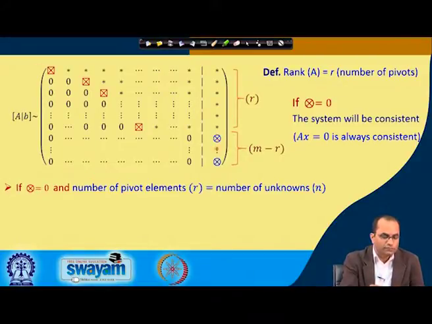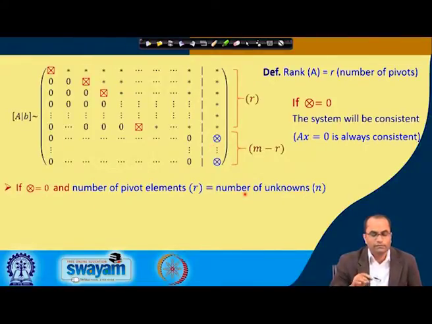We will talk a little more about this later. Now, when we take the case that these are zeros, meaning the system is consistent, there are two cases. The first is that the number of pivot elements is equal to the number of unknowns. We have seen this case in the last lecture. In other words, each column has a pivot, because the columns are exactly the number of unknowns.